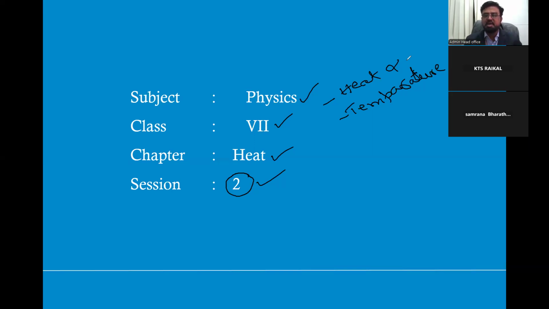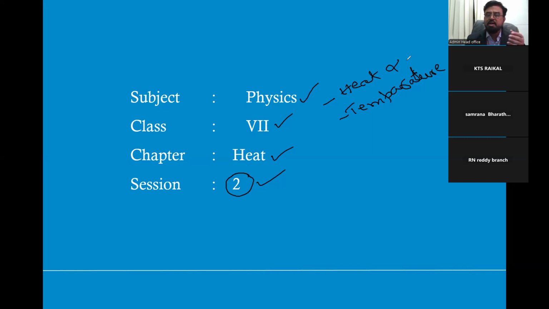So you have seen what heat is. Heat is a form of energy which can change the shape of the body, change the size of the body, change the volume of the body, and change the chemical reaction, so it affects both physically as well as chemically.